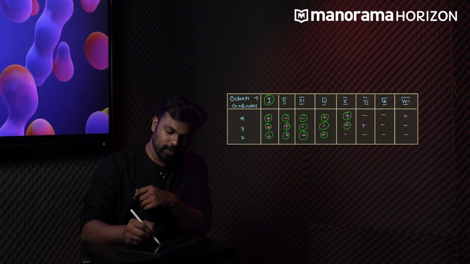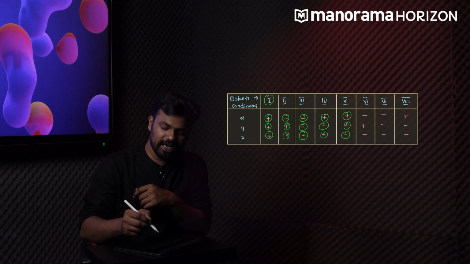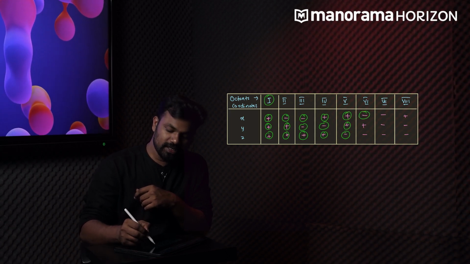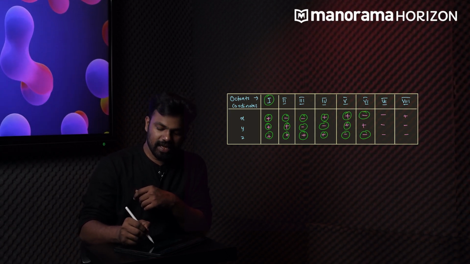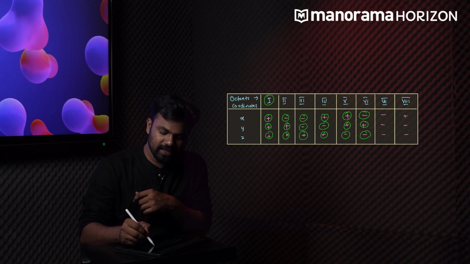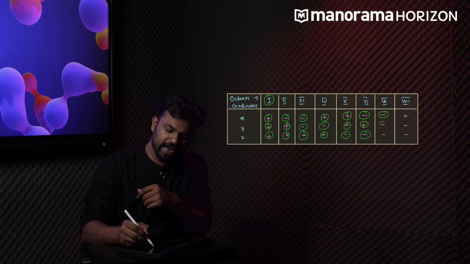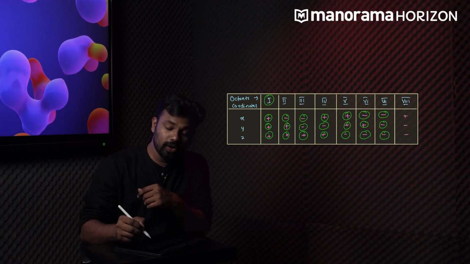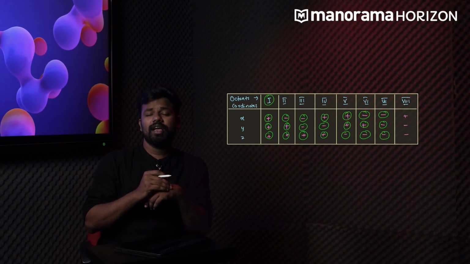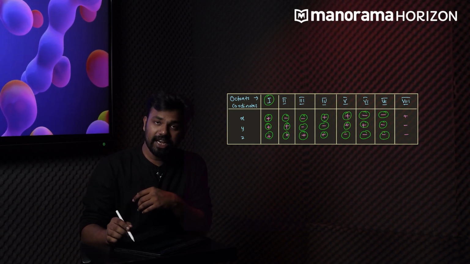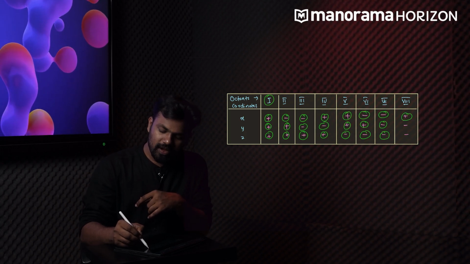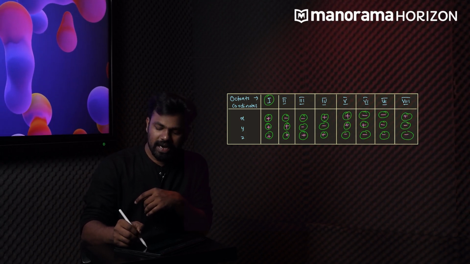In the fifth, x and y are positive and z is negative. In the sixth octant, x and z are negative and y is positive. In the 7th octant, everything is negative. And in the 8th octant, x is positive and the remaining 2 are negative.